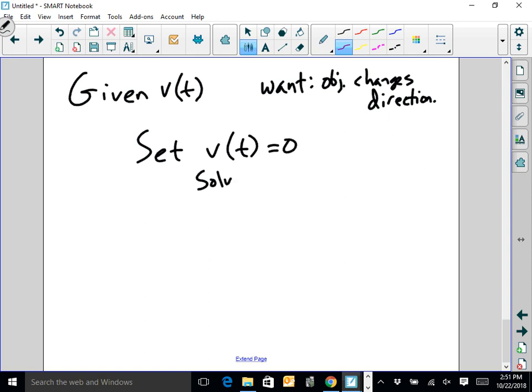If I was given x of t, I'd have to do a derivative to get v of t, then set v of t equal to 0 and solve for t. Those are our candidates. So plot candidates on a v of t number line.